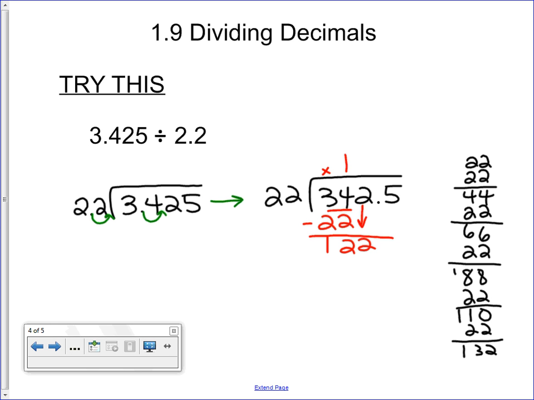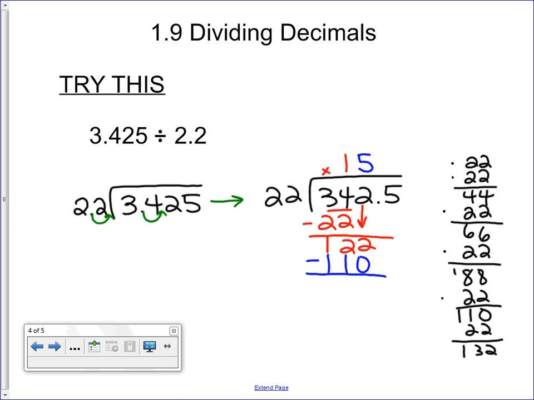And I find that 22 goes into 122 5 times without going over. So I put a 5 on top. 5 times 22 is 110.